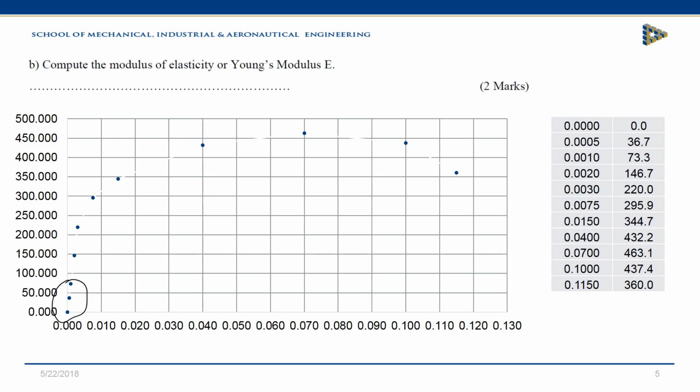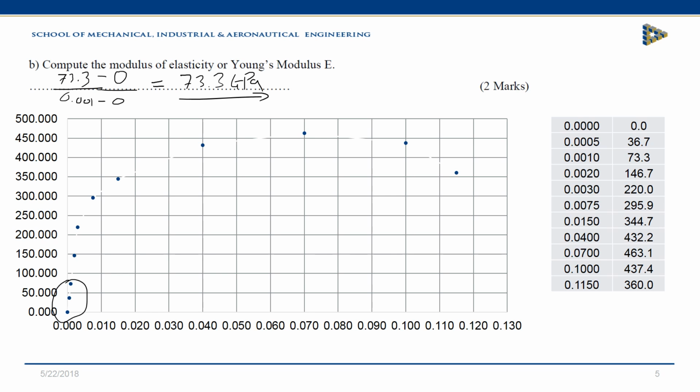So I'd take the third point, which is 73.3 MPa, minus the origin, which is 0, and divide by the difference in strain, 0.001 minus 0. That gives me an answer of 73.3 GPa.